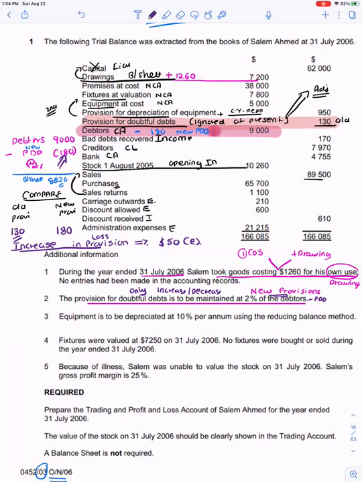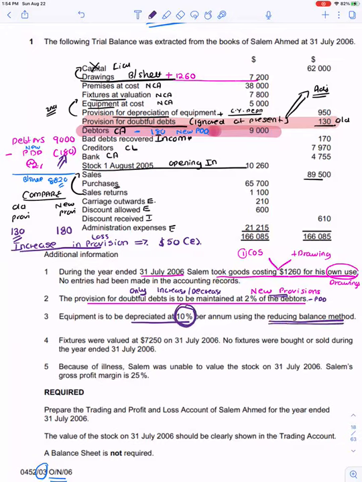Third adjustment is for depreciation. Depreciation 10% using reducing balance method. Now what is the reducing balance method?